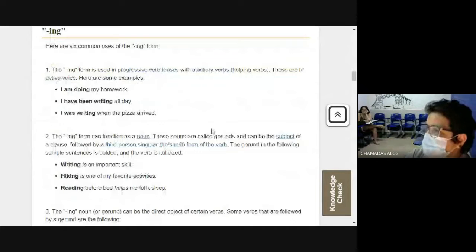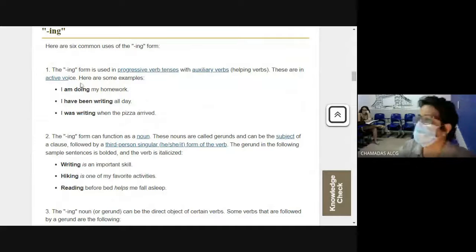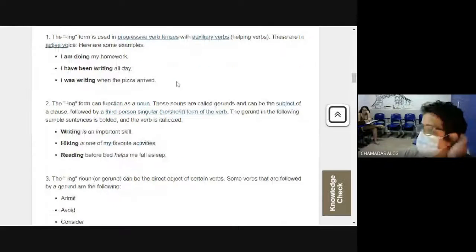So first, we use ing in the progressive verb tenses, as you know. Present continuous, right? Past continuous. So all the continuous tenses use the verb form ing. So here we have the examples, right? Always in the active voice, all right?